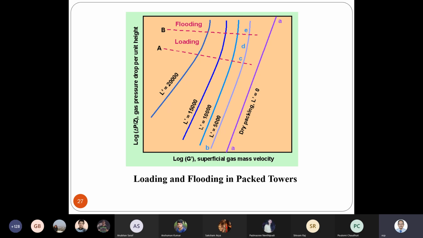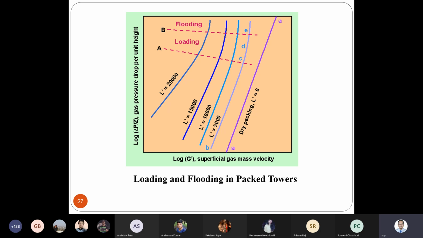In tray towers, we have seen that gas is bubbled through the liquid. So if the liquid is a foaming one, then it will form foam or froth, and that will lead to liquid entrainment, and then liquid droplets carry over to the tray above, which ultimately leads to flooding. All these things will happen. That is called priming. Priming will take place, and that will ultimately lead to flooding.